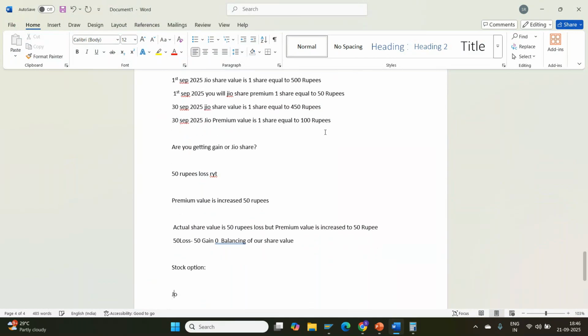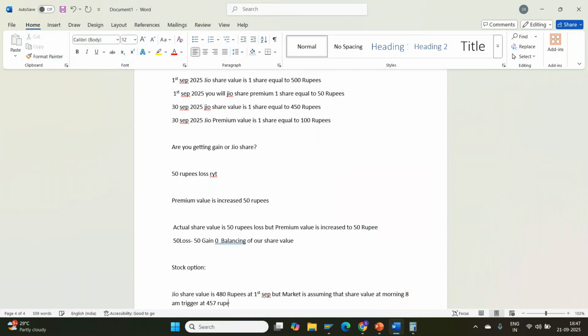See here, stock option. Geo share value is 480 rupees at 1st September. Assuming that share value at morning 8 a.m. triggers at 457 rupees.